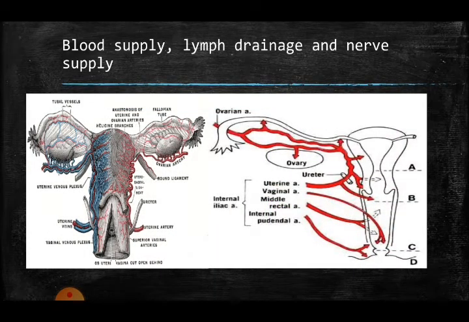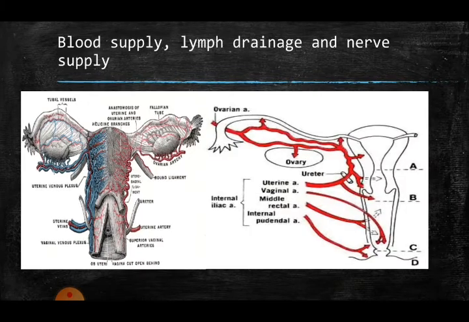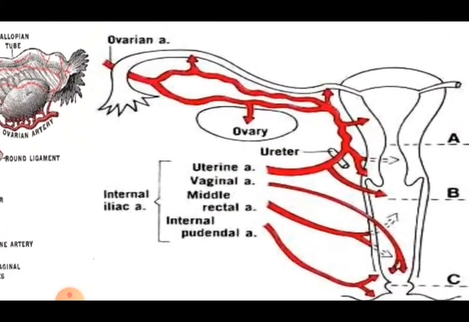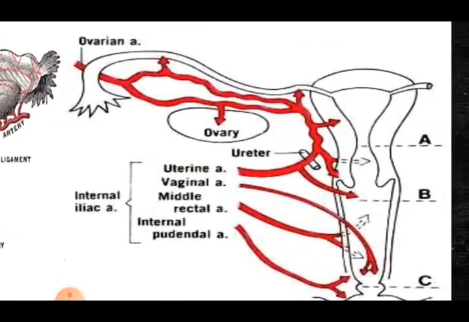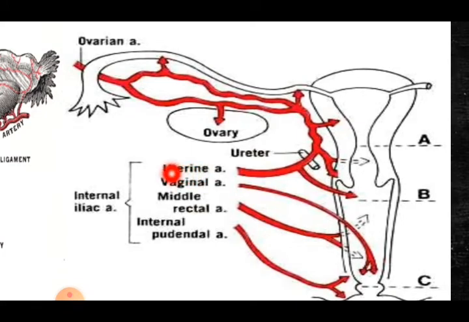Now we will discuss the blood supply and the venous drainage of the vagina. And the arterial supply, it has an arterial plexus that is formed around the vagina, derived from the uterine and the vaginal arteries that are the branches of the internal iliac arteries. So the internal iliac artery has a uterine artery.